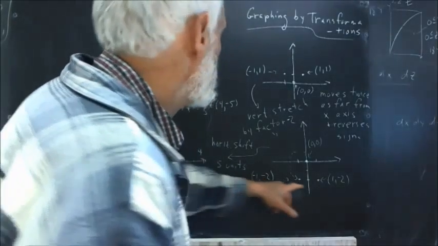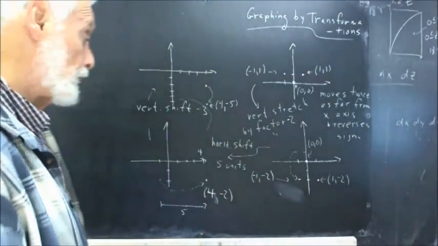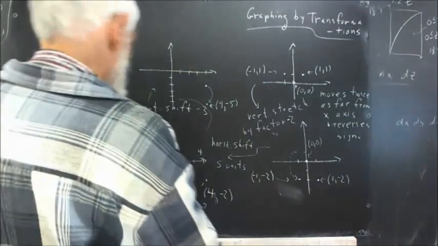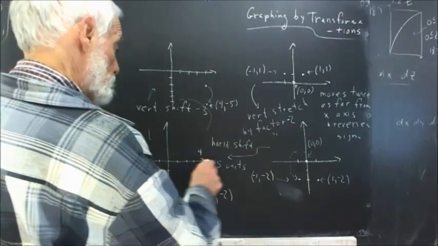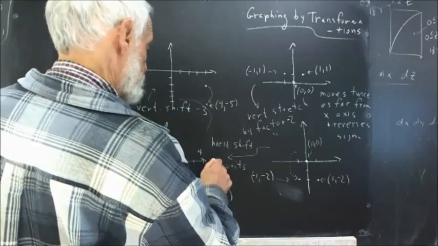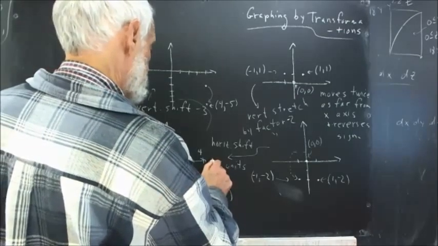Now, if we horizontally shift these 3 points 5 units, what's going to happen? Well, the 0, 0 point is going to move over to 5, 0.